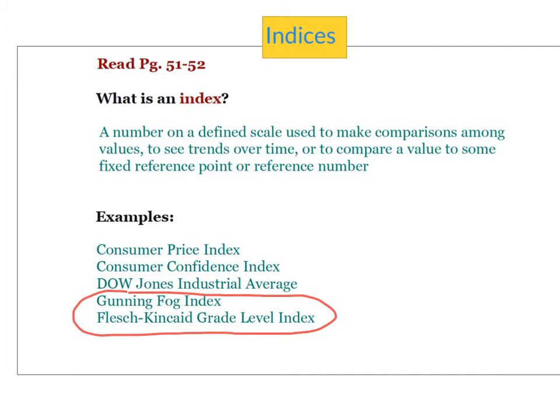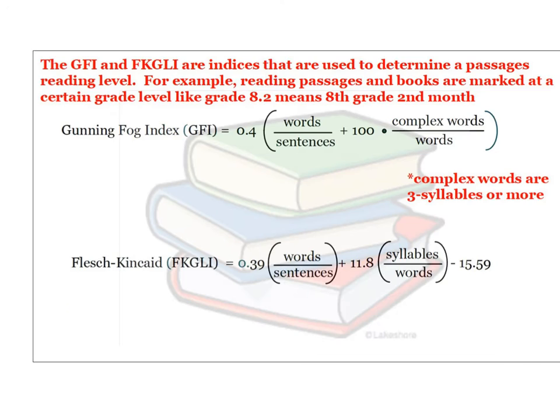The Gunning Fog Index, we just abbreviate it, the GFI index. And then the Flesch-Kincaid is just abbreviated FKGLI. And so what these two indices measure is on this next slide.